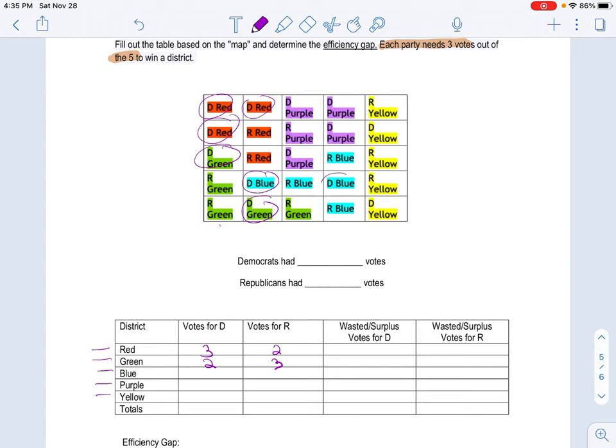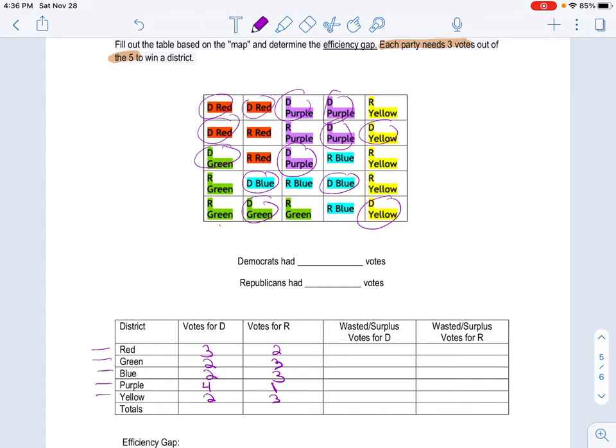Blue, I have 1, 2, so that means Republicans have 3. Purple, I have 1, 2, 3, 4, so that means I only have 1 for Republican. And yellow, 1, 2. All right, so I have 2, so that means I have 3 for the Republicans.